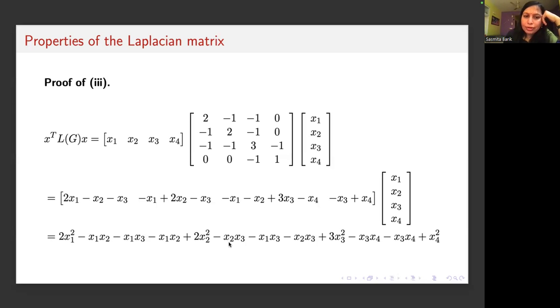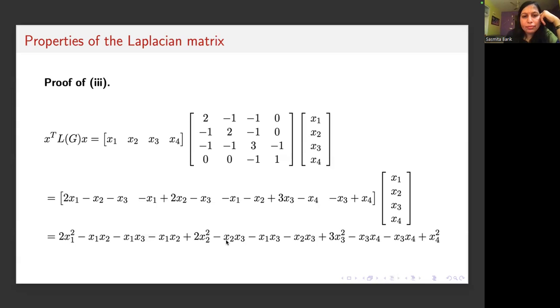But if you observe here, you got this 2x1 square, because corresponding to the first row, this degree is 2, so 2x1 square will come. Similarly, 2x2 square will come, 3x3 square will come. And if I look at these entries also, they are coming when there is one edge, like x1, x2 is coming because 1, 2 are adjacent.